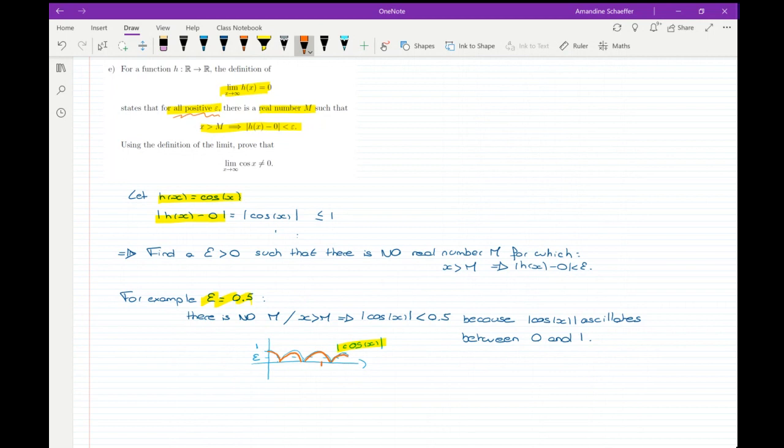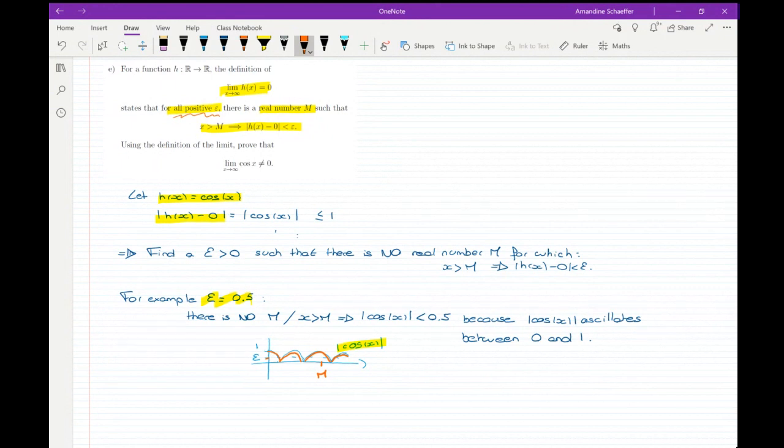So you cannot find an m such that this is always less than or equal to epsilon if you choose epsilon less than 1, because this is always oscillating between 0 and 1.